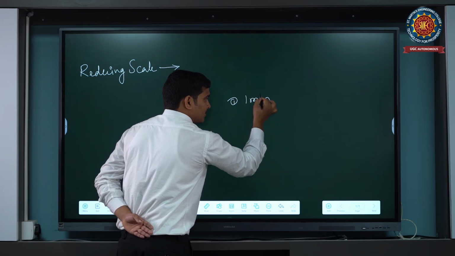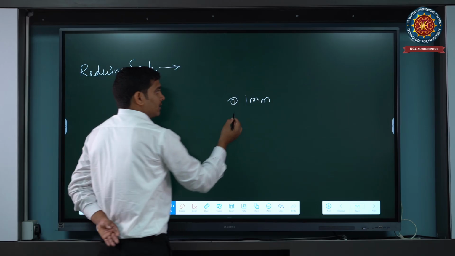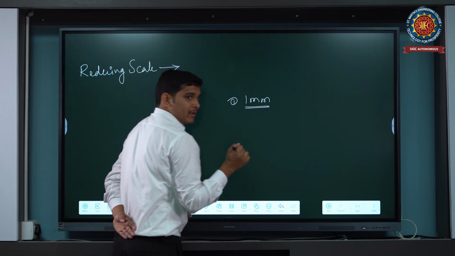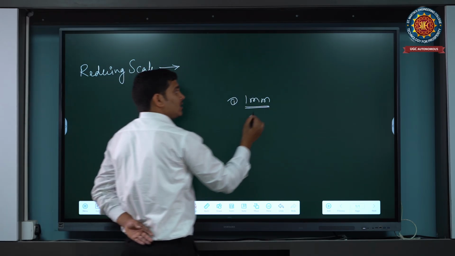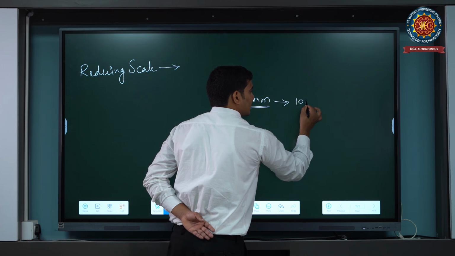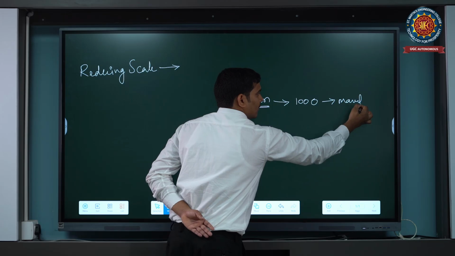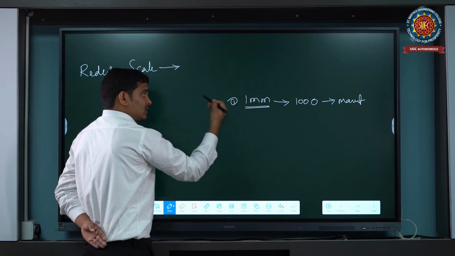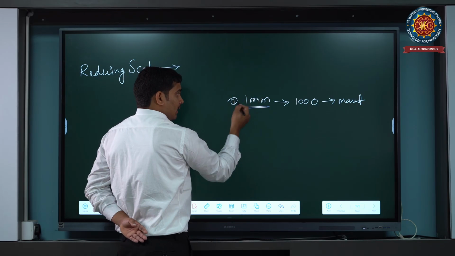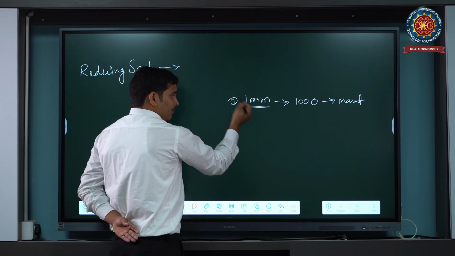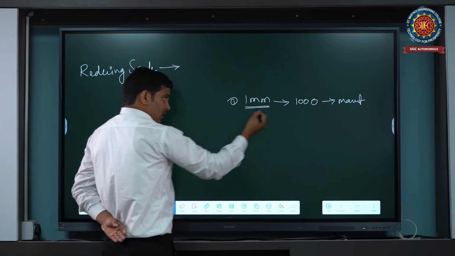All engineering depends upon 1 mm only. In manufacturing companies, this 1 mm is divided into 1000 equal parts, which we are not able to see or measure. 1 mm is divided into 1000 equal parts.